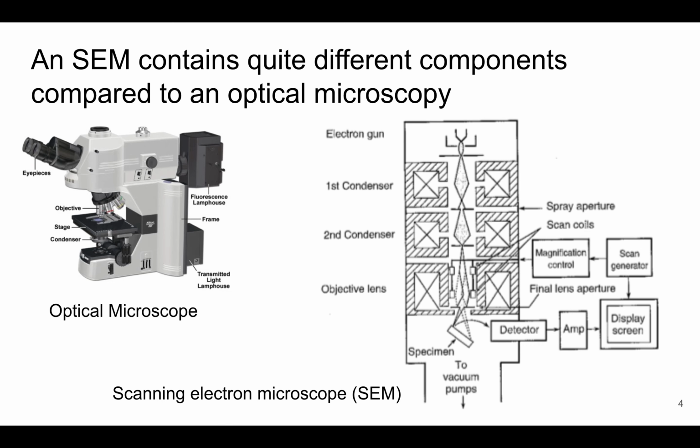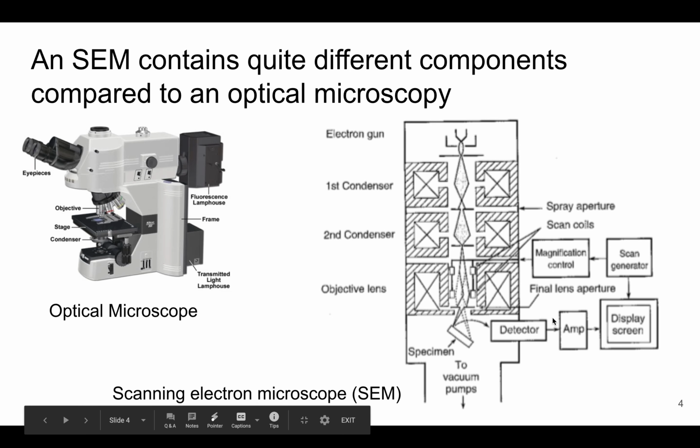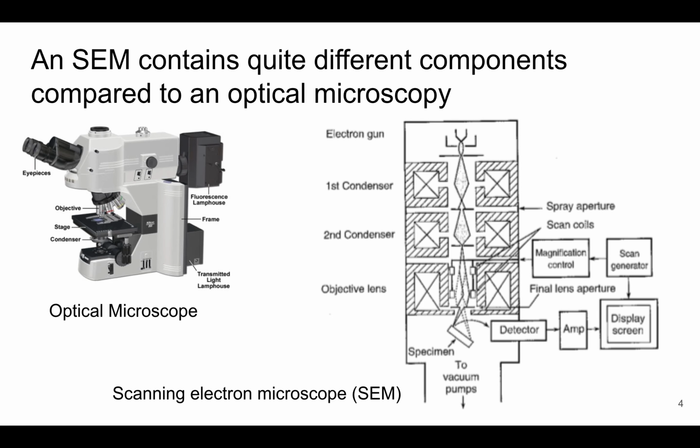And lastly, here we have a detector of some sort, which is going to collect the electrons that are generated. In the case of the light microscope, that's done with our eyepiece or the camera.